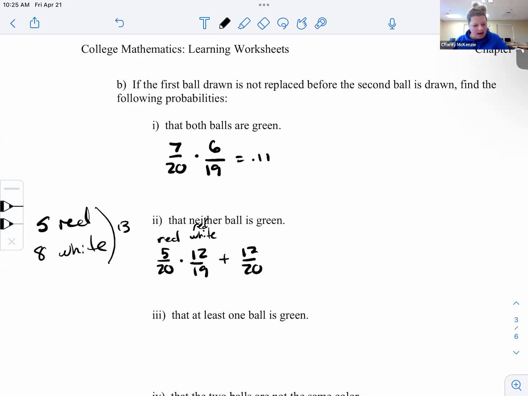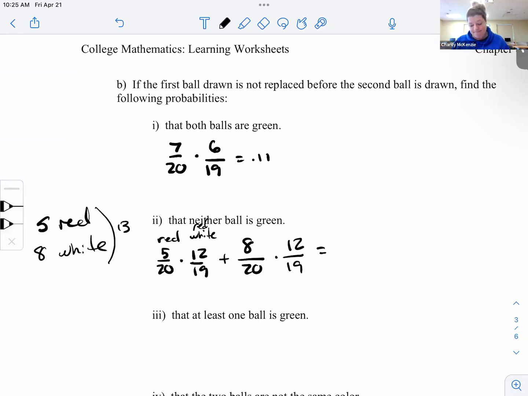The second one would then be, when I go to add them, the probability of reaching in and getting a white, which was 8 out of 20, or 12 left out of 19 again. Neither ball is green because we could do red, or we could reach in and get a white.